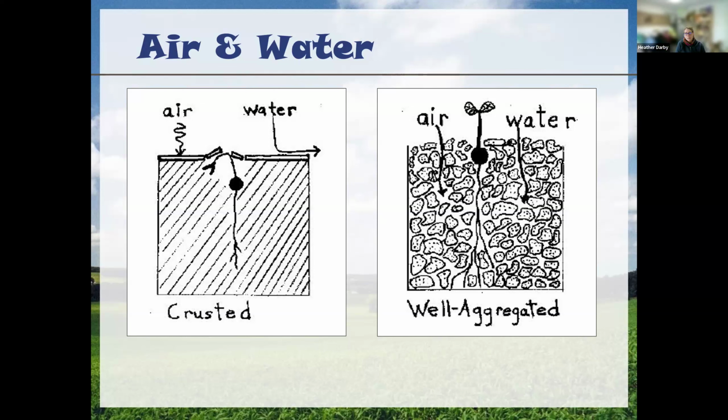And so what does that mean? Essentially, the soil's been compressed. And when the soil gets compressed, right, what is driven out of the soil? The air, right? So to the right here, you can see a soil that we call well aggregated. And you can see these little particles.